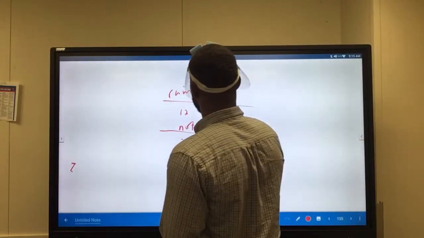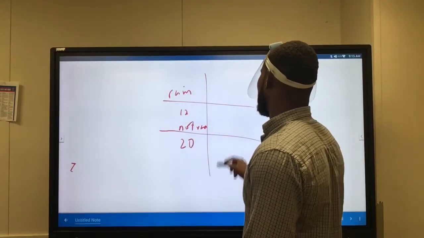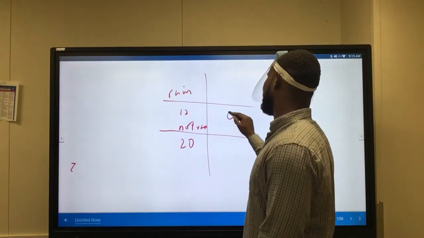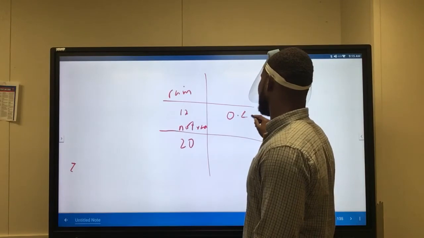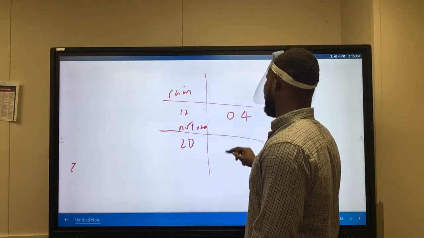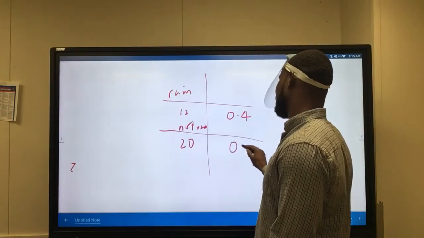The probability that it will rain is 0.4, and since it's 0.4, the probability that it will not rain will be 0.6.